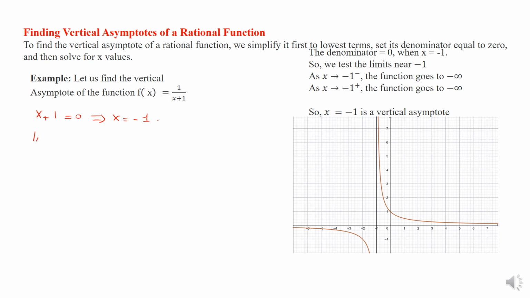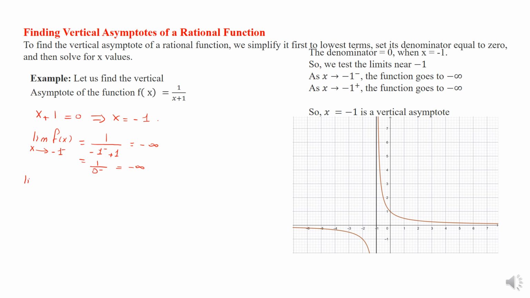So you find the limit of f of x as x tends to negative 1 minus, it is 1 over minus 1 minus plus 1, so this is 1 over 0 minus, so it is minus infinity.